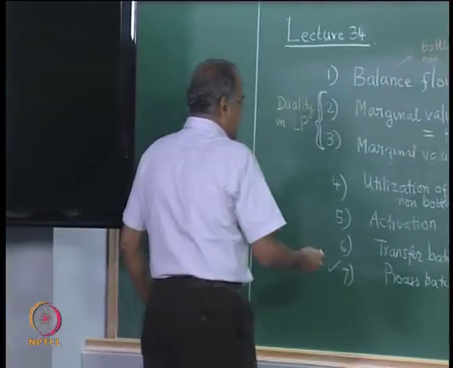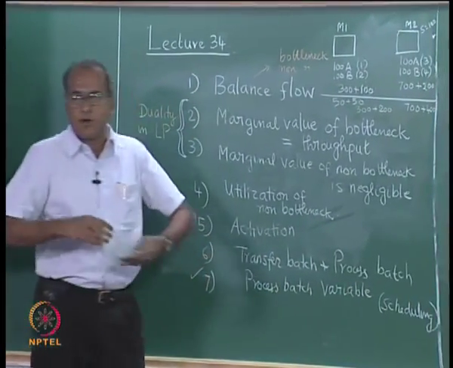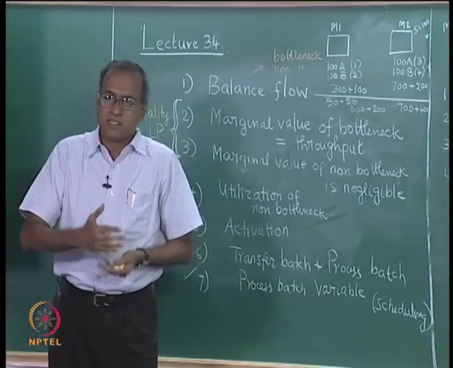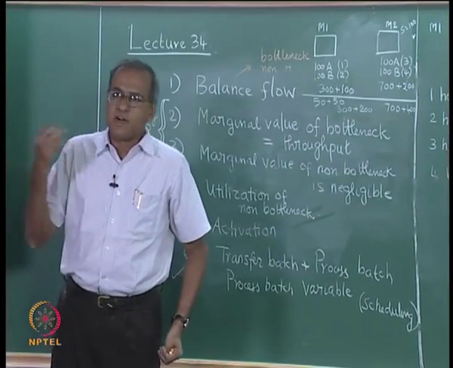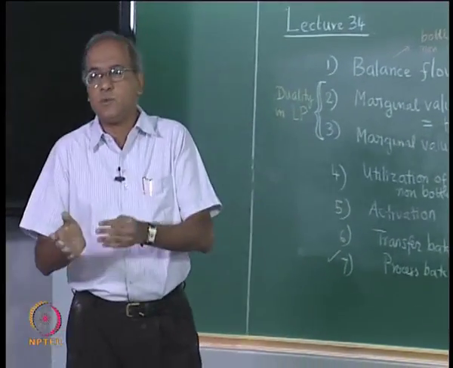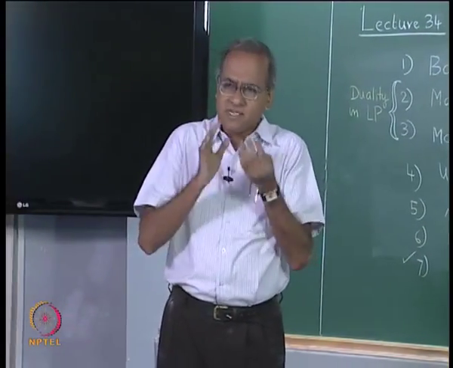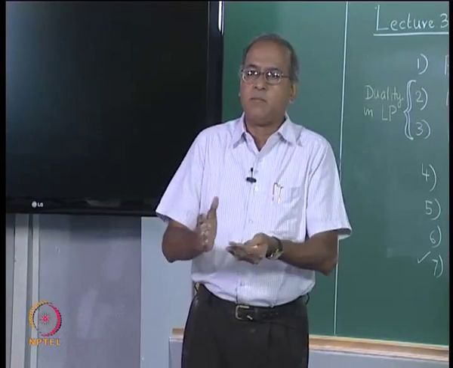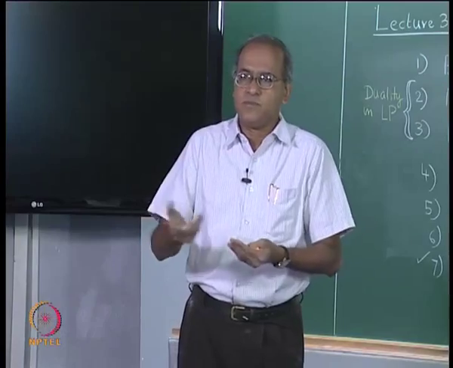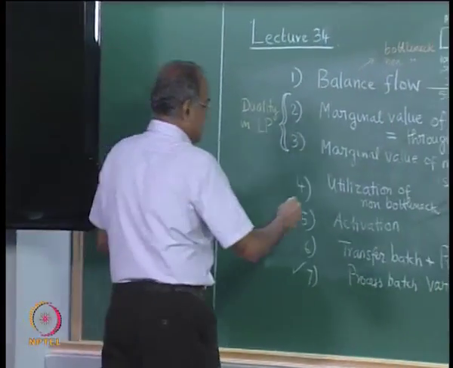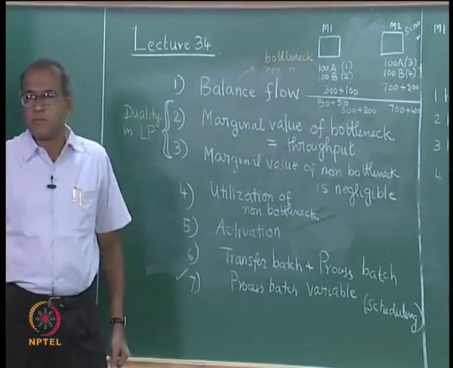6 and 7 essentially talk about the production system. First, the understanding of a production batch and a transfer batch. First is the realization that we should not have transfer batch equal to production batch. Then we will unnecessarily create delays and subsequent resources will become capacity constrained resource. So, we need to avoid that and have transfer batch less than the process batch.